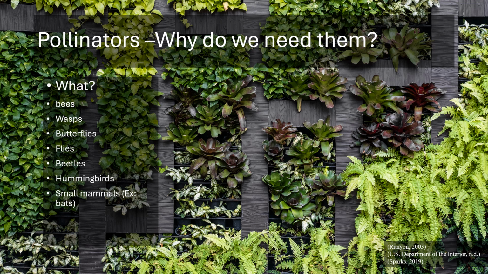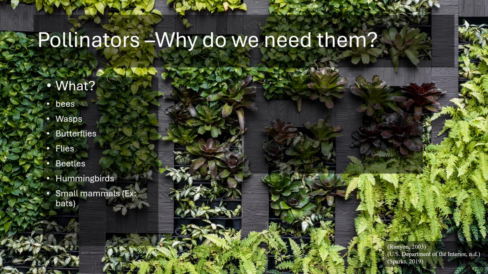Bees especially have been crowned as the golden child of the pollinator world for many reasons. However, they are used quite a bit in agricultural crop production, especially in greenhouses, which I found quite interesting.